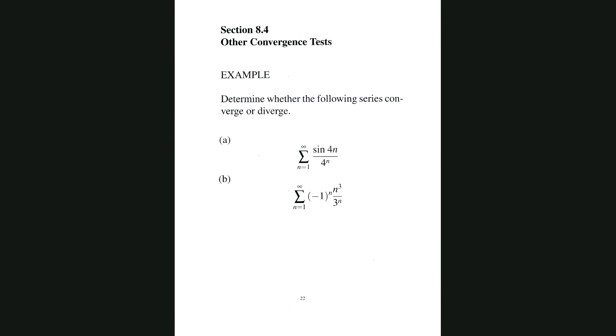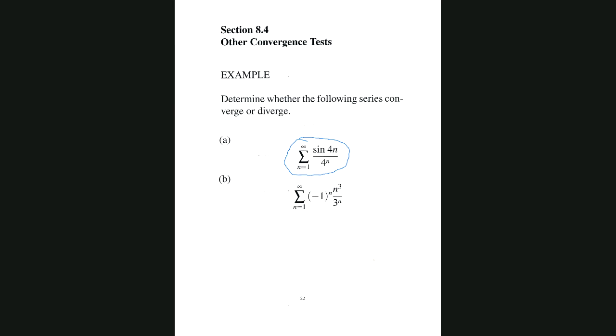The first series is the series where n equals 1 to infinity of sine of 4n over 4 to the nth power. That's not an alternating series. The second series is where n equals 1 to infinity of negative 1 to the nth power times n cubed over 3 to the nth.